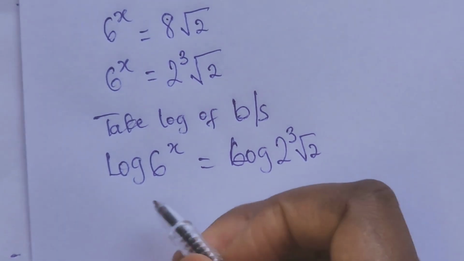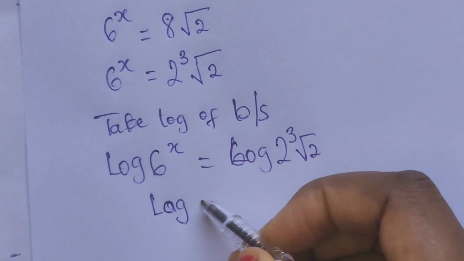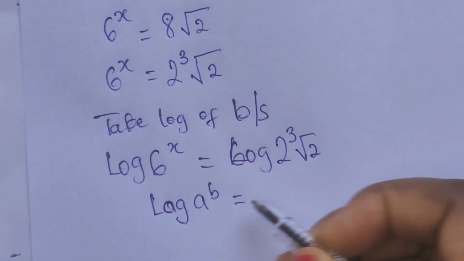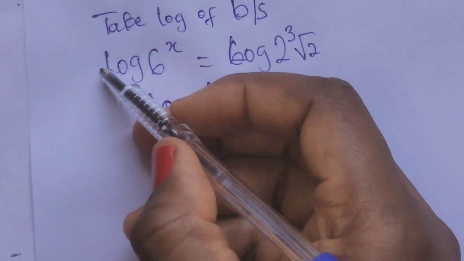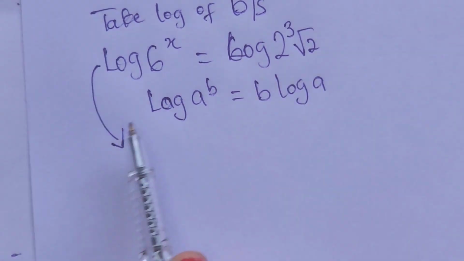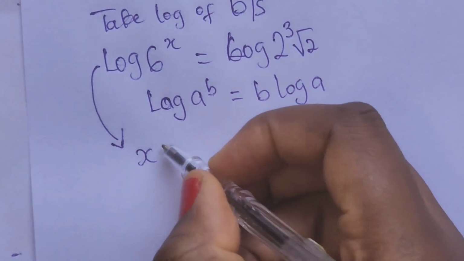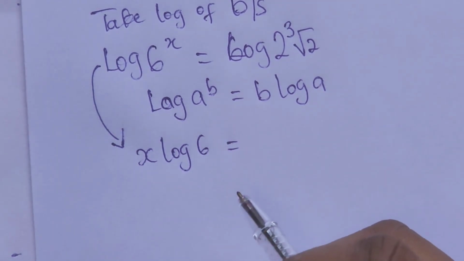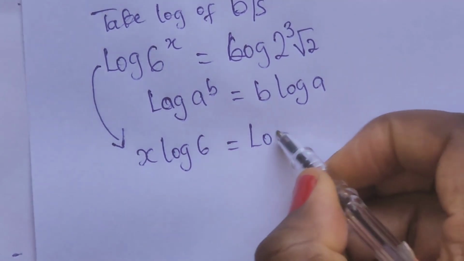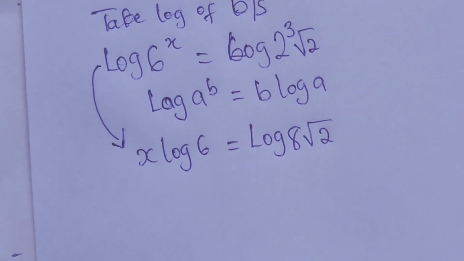So from here we know that when we have log of a to the power of b, this is the same as b times log of a. So log of 6 to the power of x becomes x times log of 6, all equal to log of 8 root 2.